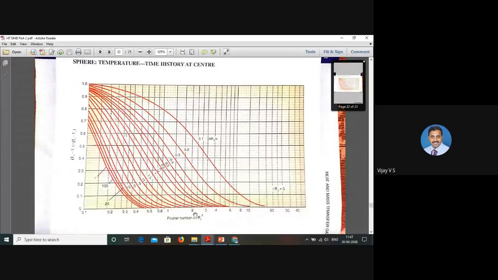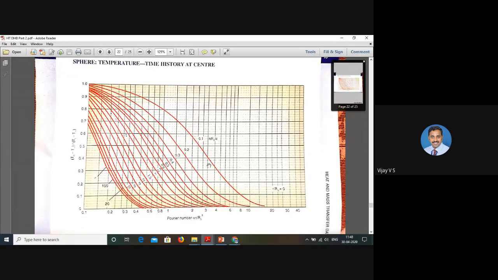Now what is the Fourier number we got? Fourier number is 0.281. Biot number is 1.323. Fourier number is 0.28. So where it is? Near 0.3. So somewhere here, 0.3 they have taken here.